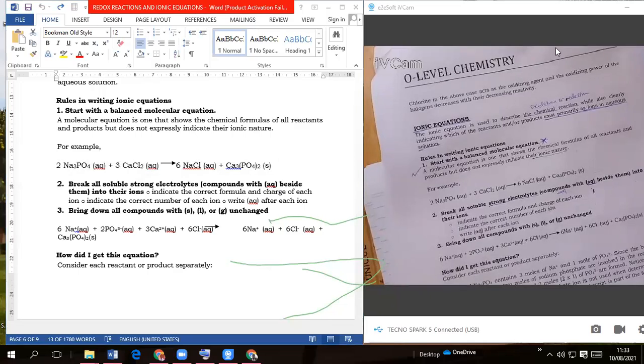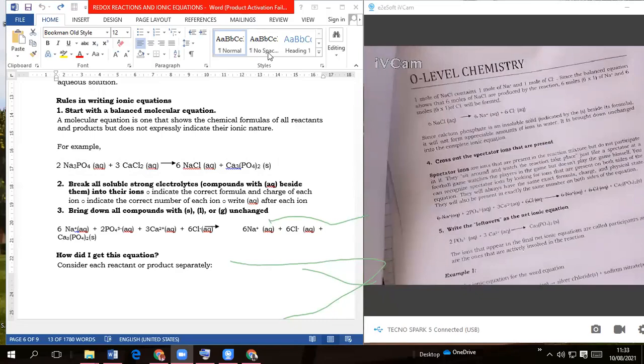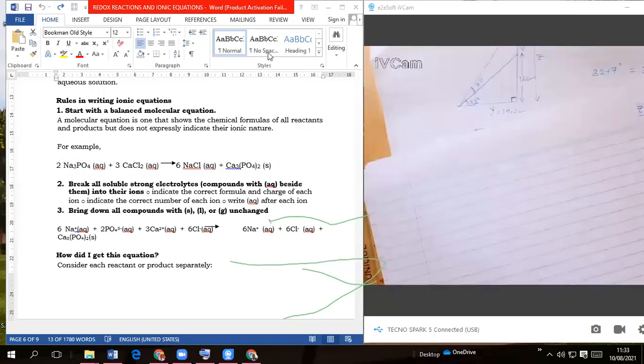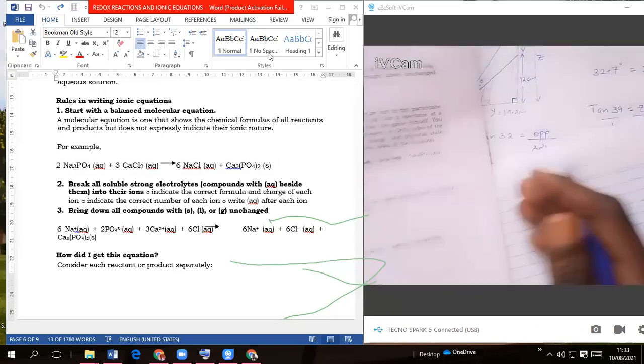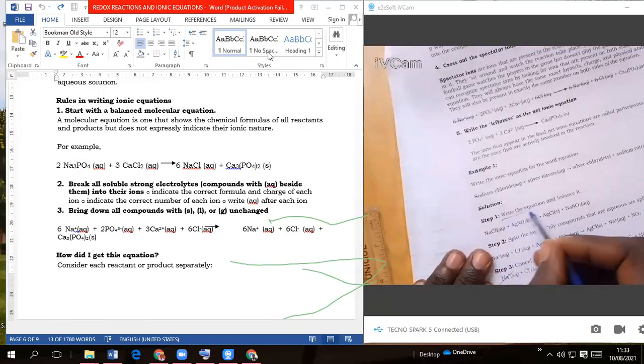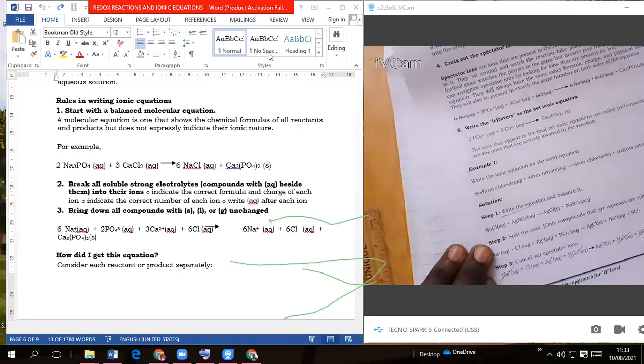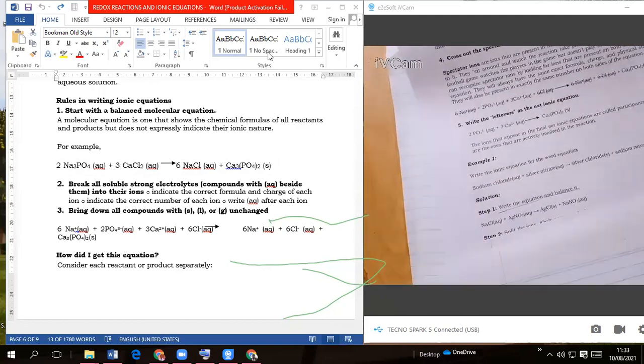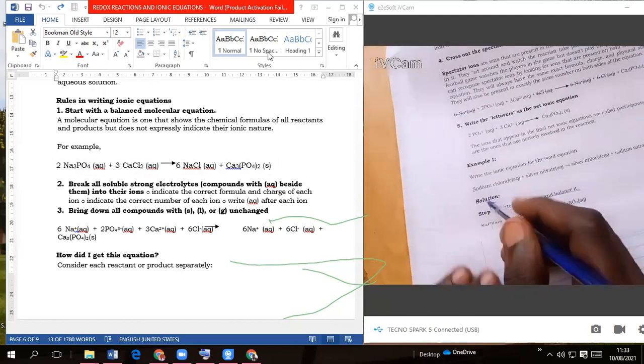Let's look at the second example here. Our second example is here. Let's look at this. Write the equation and balance it. We have one sodium chloride.